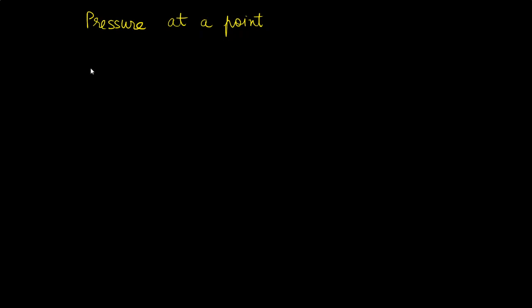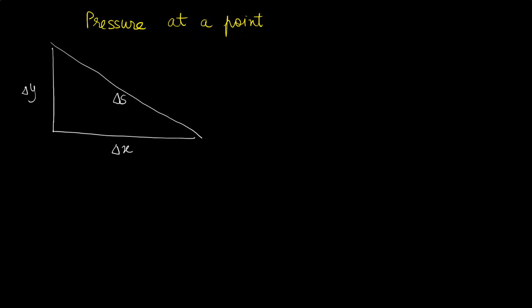In order to find the pressure at a point, we will consider a fluid wedge like this. Let the length of this wedge be delta x, let the length of this side be delta y, and length of the slant be delta s.